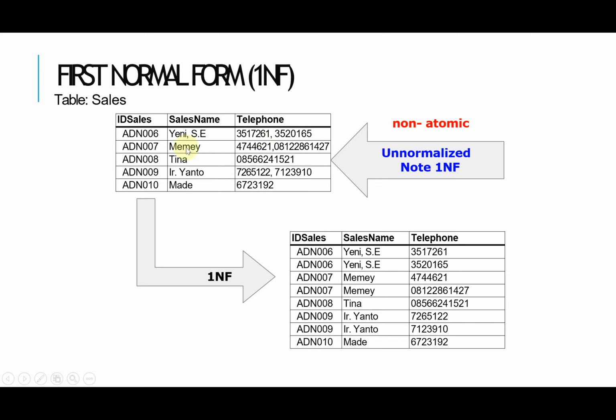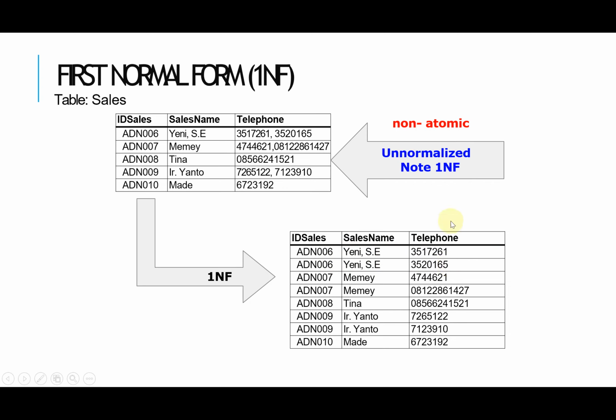So this is not the normal form, and we can convert that to 1NF like this. If Yeni has two numbers, we should change it into this: Yeni with number 1 and Yeni with number 2.